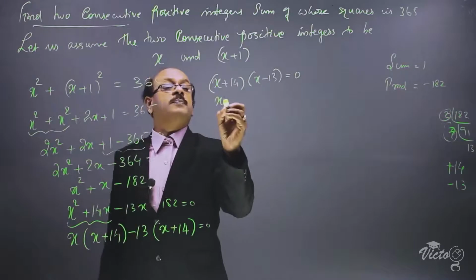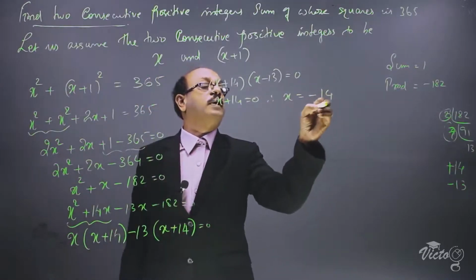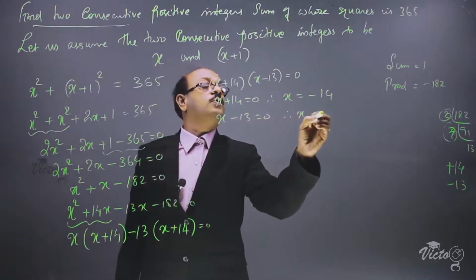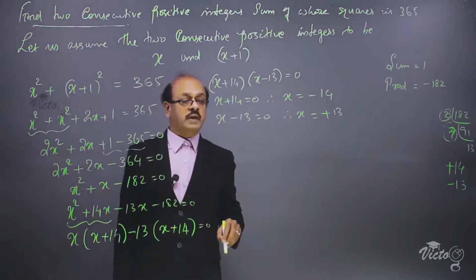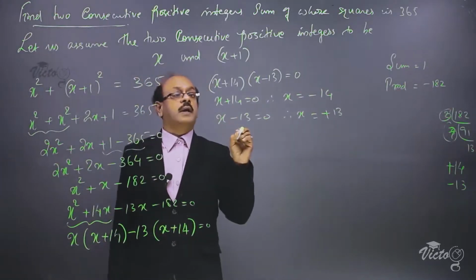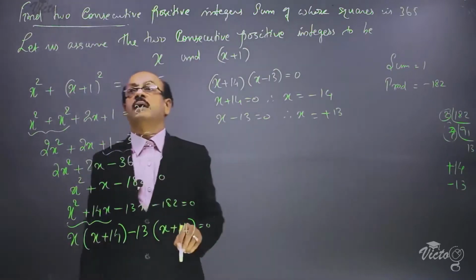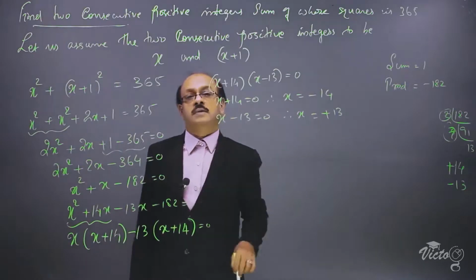Now, x plus 14 is equal to 0, therefore x is equal to minus 14, and x minus 13 is equal to 0, therefore x is equal to plus 13. We obtained the values of x as minus 14 and plus 13, but in the question it is given that we have to find two consecutive positive integers.